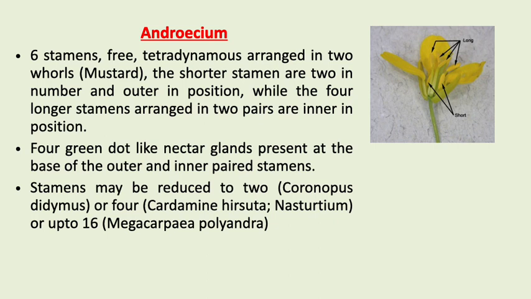Four green dot-like nectar glands are present at the base of the outer and inner pair of stamens. Stamens may be reduced to two in Coronopus or four in Cardamine hirsuta and Nasturtium, or may be up to 16 in Megacarpaea polyandra.